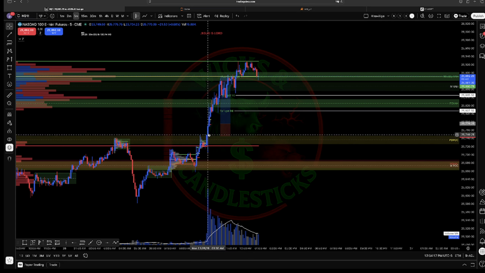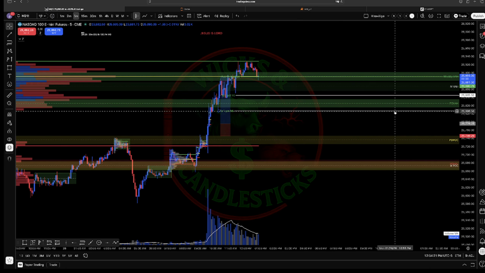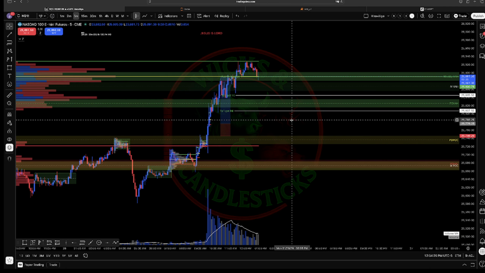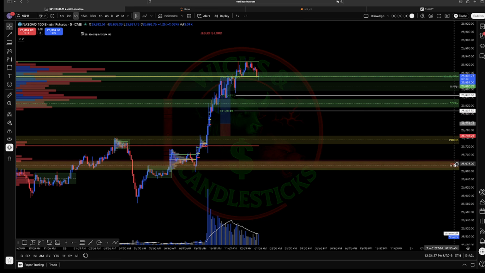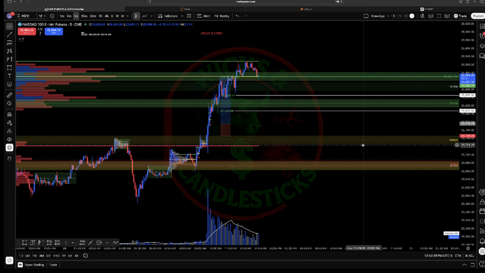Price began to reject it. And so I'm looking at that. I said, okay, I know we're close to our previous day value area high. I know we're probably going to hit it. But again, I'm trading the monthly profile.